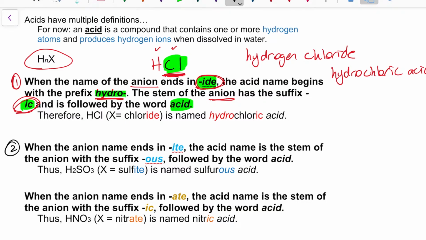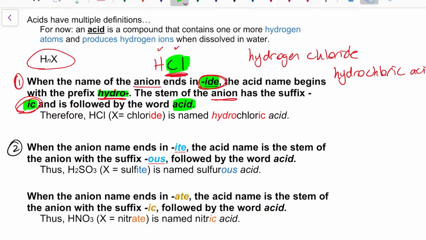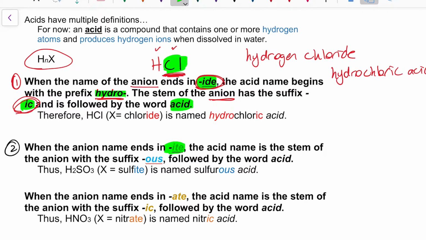In the second type of acid, when the anion ends in "ite," you change the ending to "ous," and you do not start with hydro. So when the anion ends in ite, you change the ending to ous. So for example, this comes from sulfite.